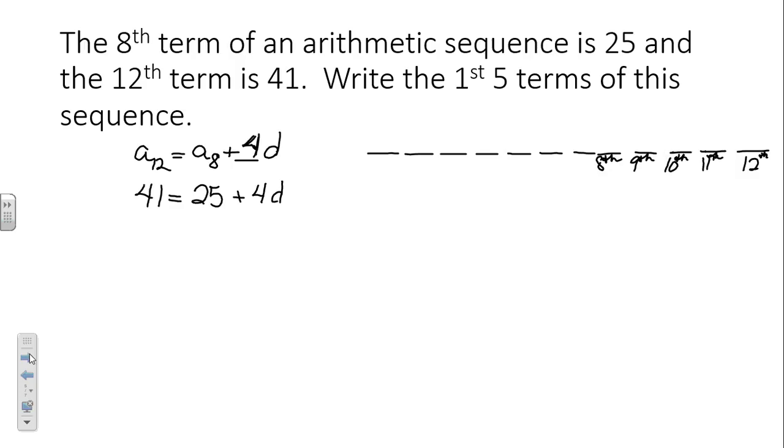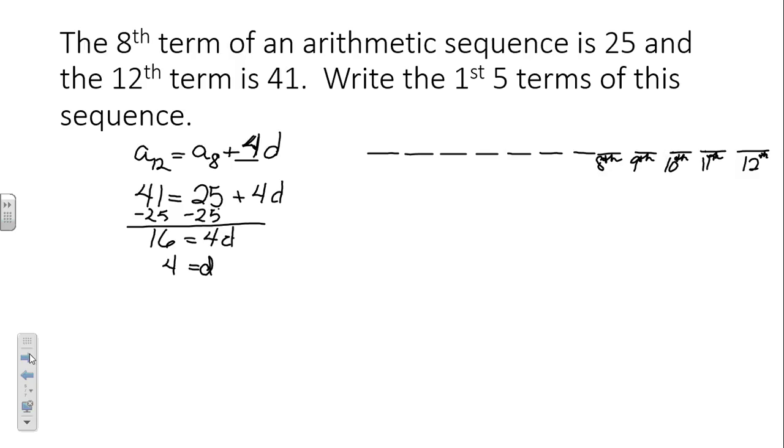Subtract the 25. So 16 equals our 4 differences. So how much is each difference? 4. Okay. So far, so good? Okay.